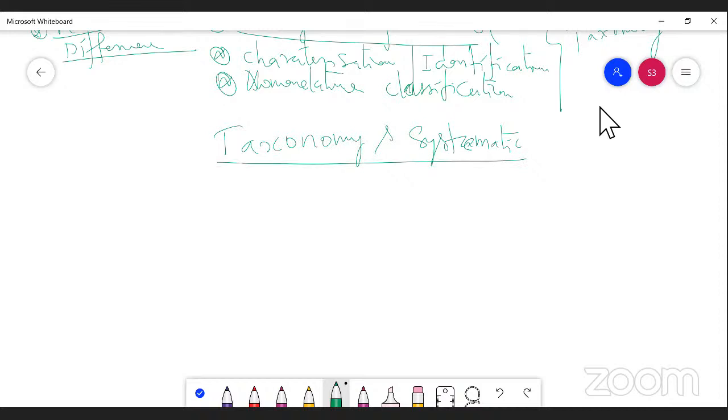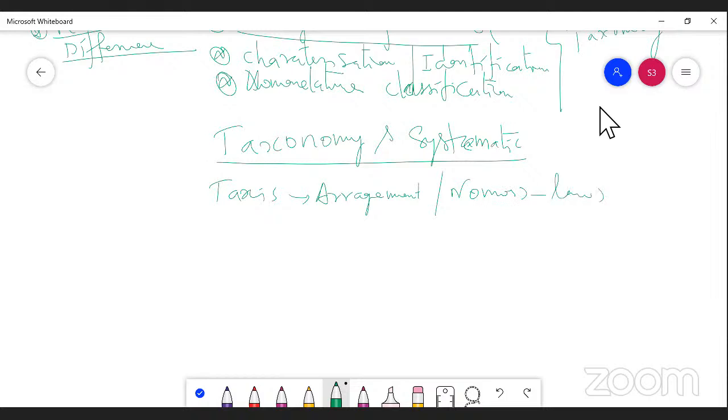Right. What is the meaning of taxonomy? I already told you. The word taxonomy we can separate into two parts. One is taxes. Taxes means arrangement. Nomos means law.